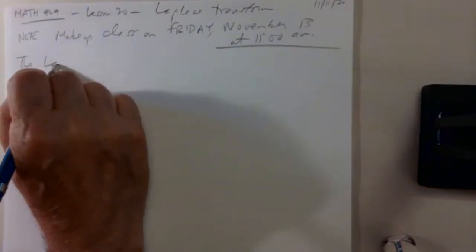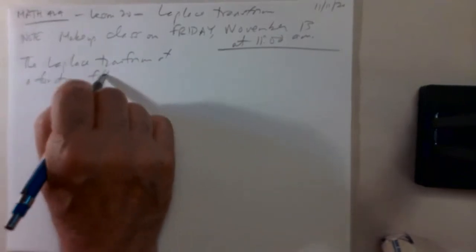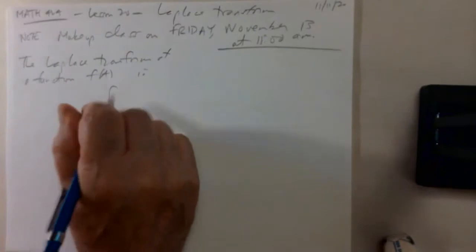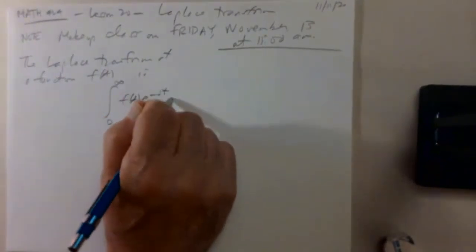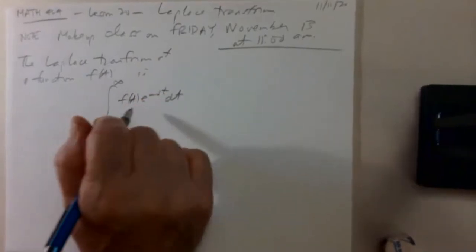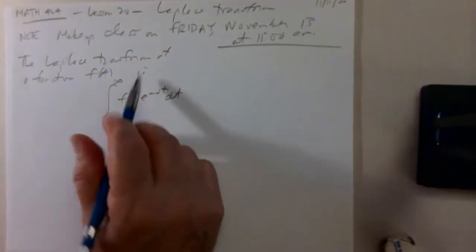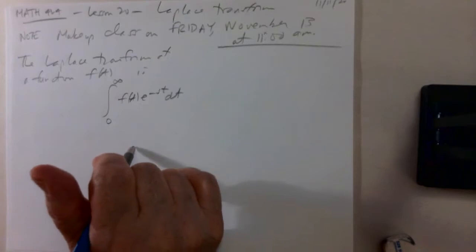the Laplace transform of a function f of t is given by the integral from 0 to infinity, f of t e to the minus st dt. This is an improper integral because we're going from 0 to infinity.